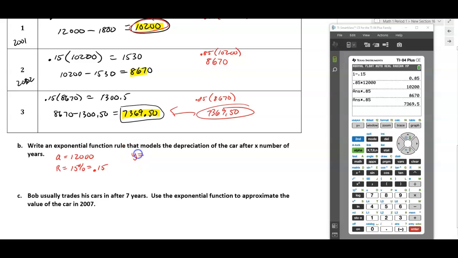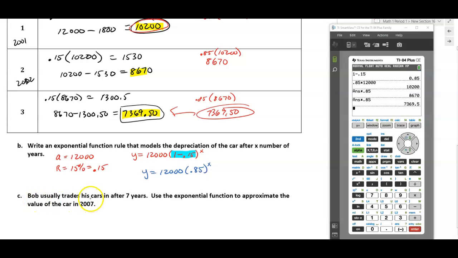So we start with y equals 12,000 times 1 minus 0.15 to the x power. But now I'm going to simplify the inside part. So the function that models this would be y equals 12,000 times 0.85 to the x.